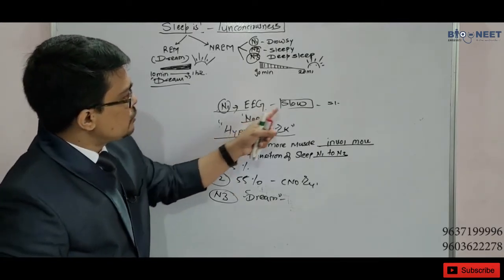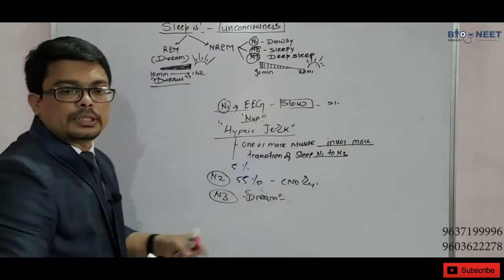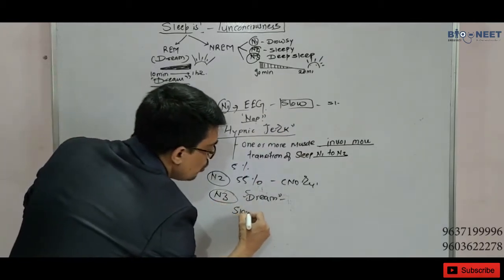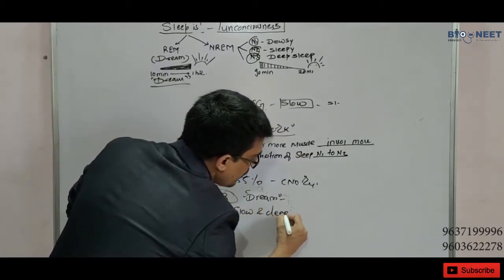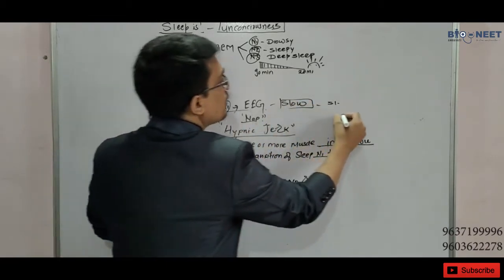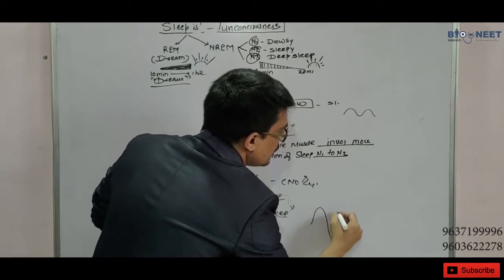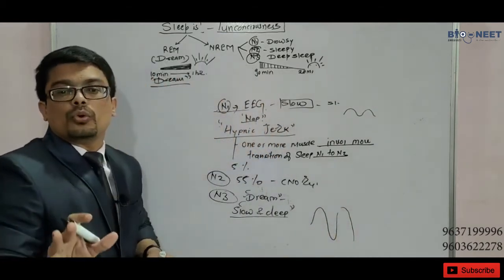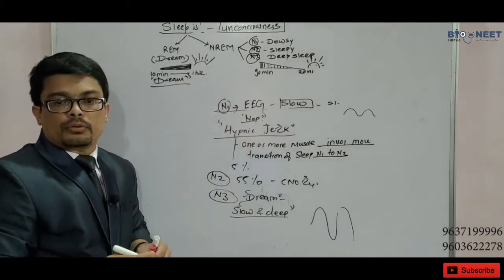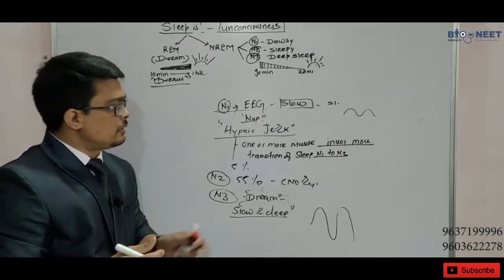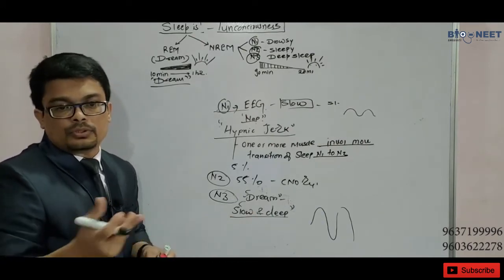Here you are seeing the slow wave. Here there is a slow and deep wave. Here there are only slow and superficial waves. Here there are slow but deep waves. You can call them delta waves. Delta waves you can see in case of N3 sleep. This is very important.